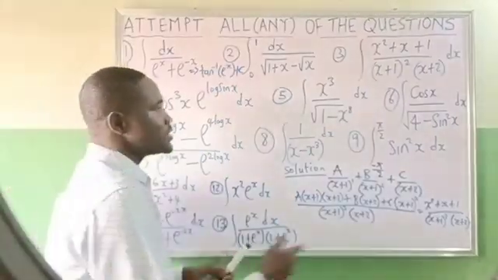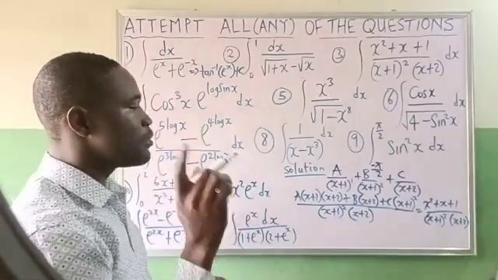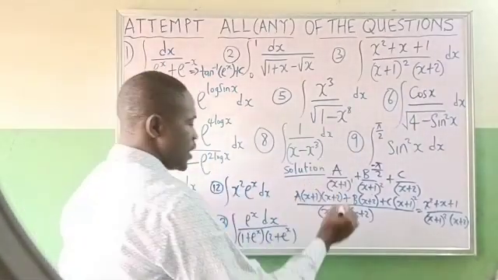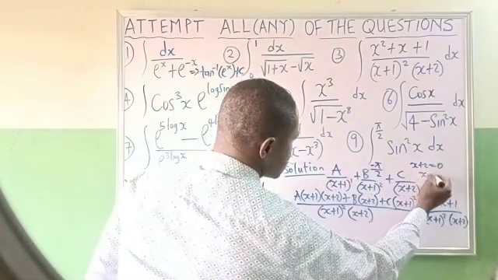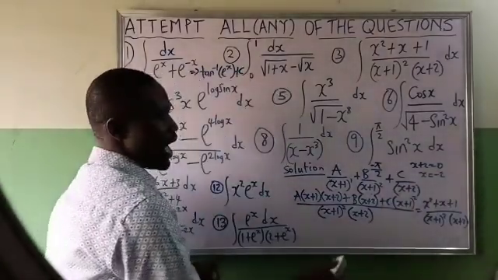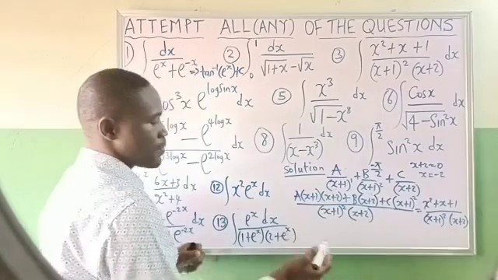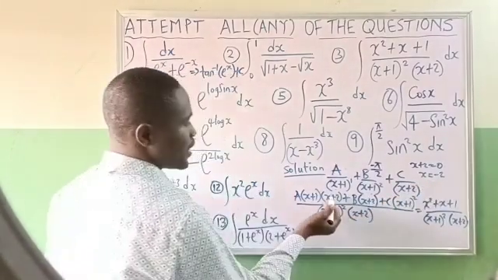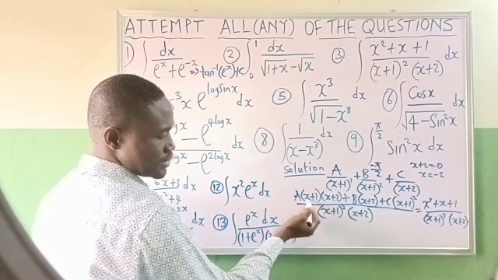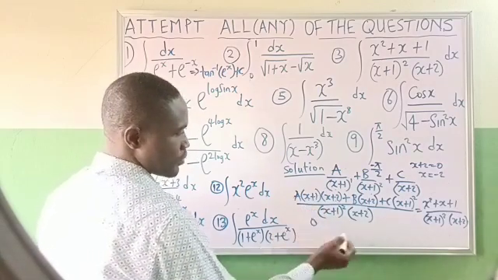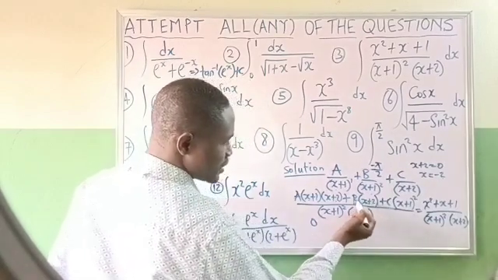Now since we have a linear factor there, make that linear factor equal to 0. If I make x plus 2 equal to 0, I will have x equal to minus 2. I will take it and put it into these numerators. Minus 2 plus 2 will give me 0, and 0 times this is 0.